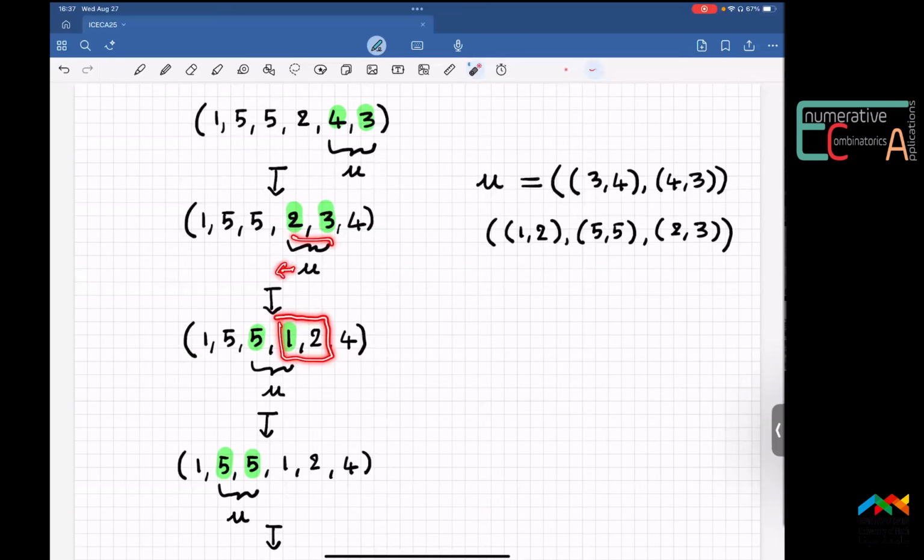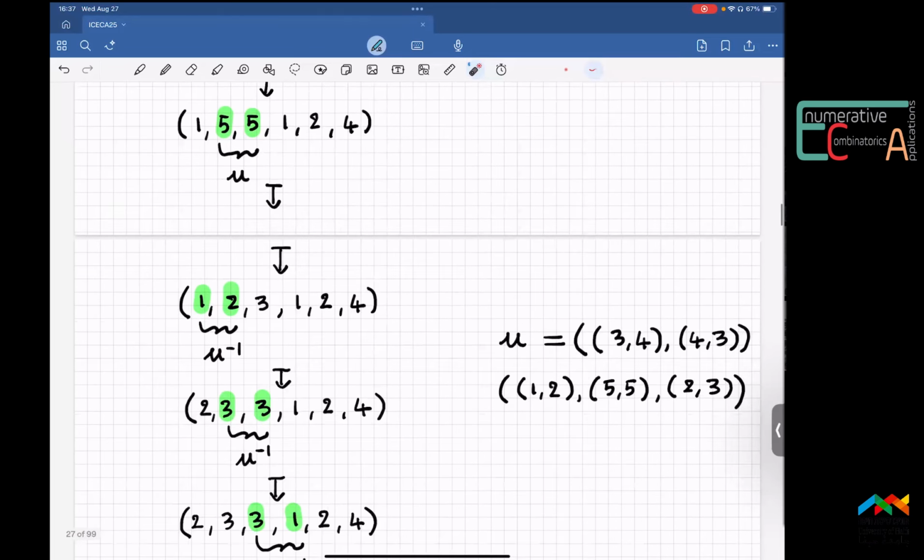And u moves one step to the left. So now you apply u to 5, 1. 5, 1 is a fixed point. So 5, 1 remains 5, 1. U moves to the left. You have to apply u to 5, 5. U sends 5, 5 to 2, 3. So 5, 5 becomes 2, 3.